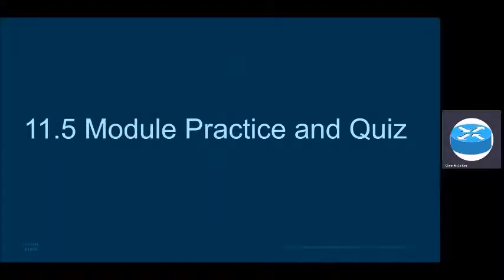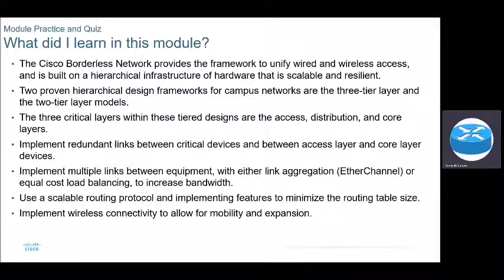Okay, so that is the end of the chapter, just the summary to go. What did we learn? The borderless network provides the framework to unify wired and wireless access and is built on a hierarchical infrastructure of hardware that is scalable and resilient. Two proven hierarchical design frameworks for campus networks are the 3-tier and the 2-tier layered models. The 3 critical layers within these tiered designs are access, distribution and core.